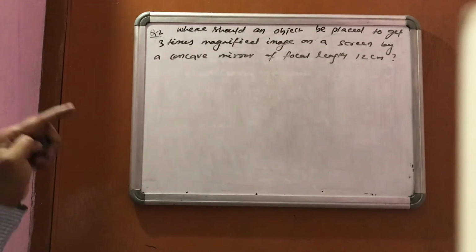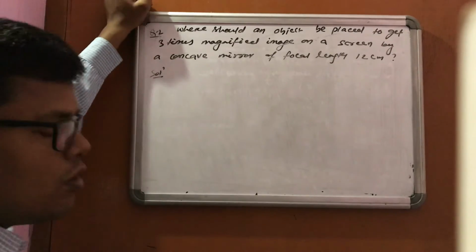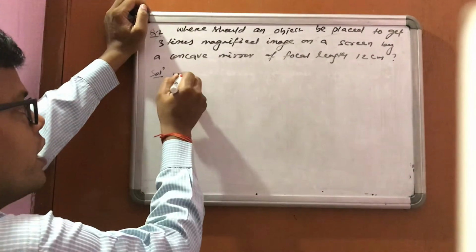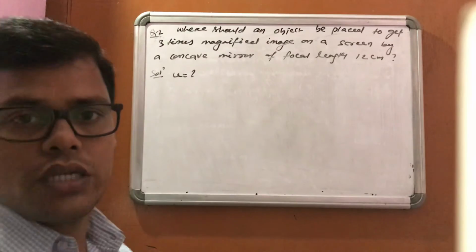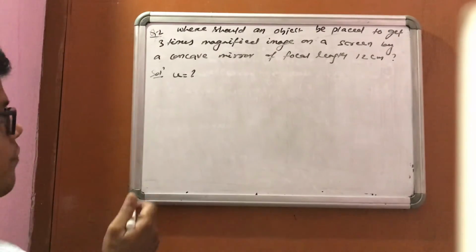Question is, where should an object be placed? It means you have to find the object distance.